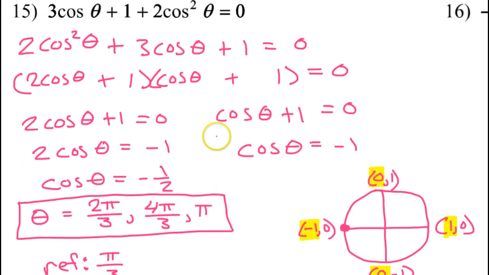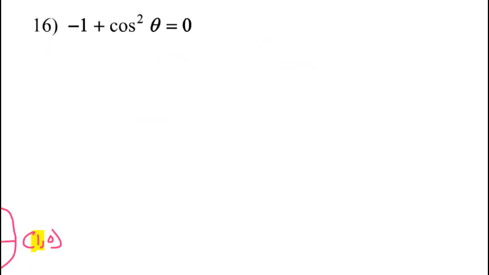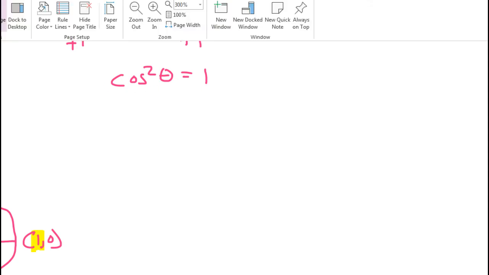Alright, and that was it for problem number 15. Okay, and this is the last problem, and it looks easy. A lot of the other problems were more complicated. Let's just add 1 to both sides. So that's going to give us cosine squared is equal to 1. Now we can take the square root of both sides.